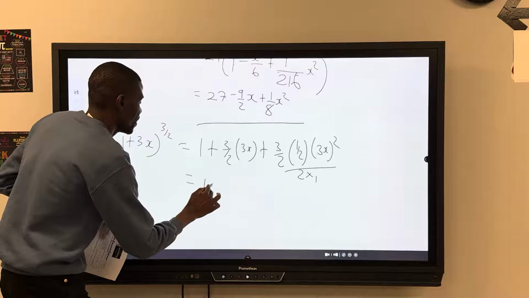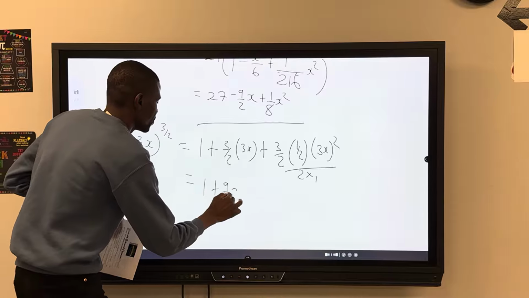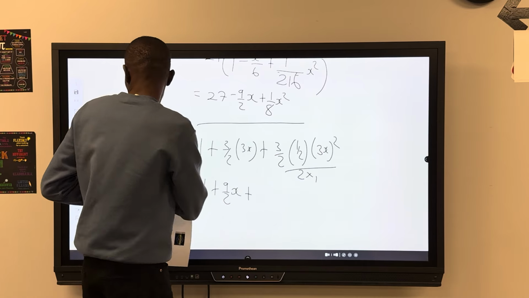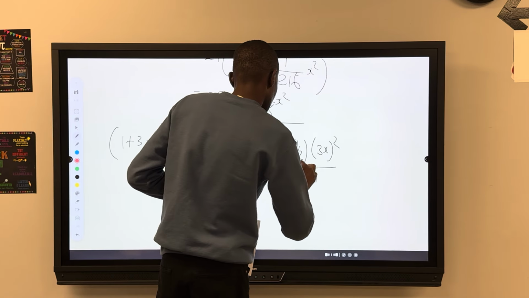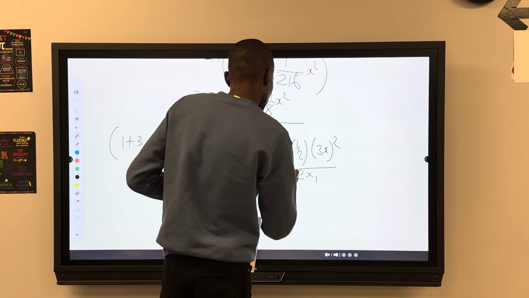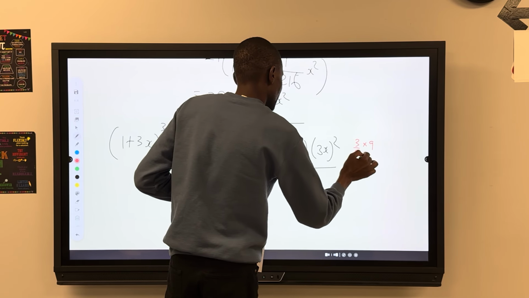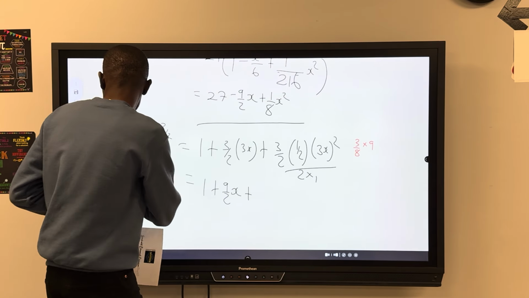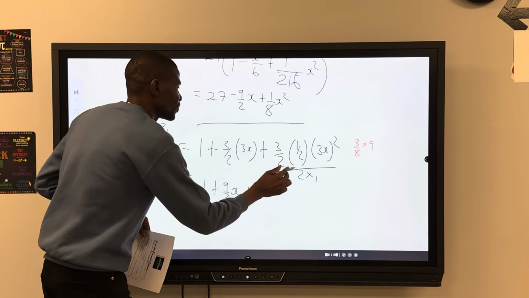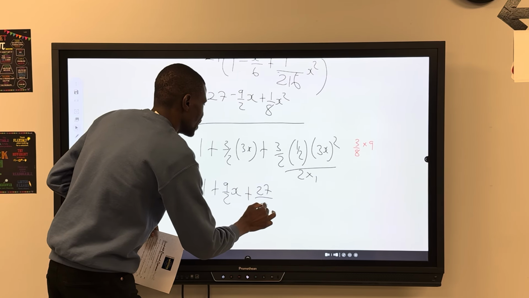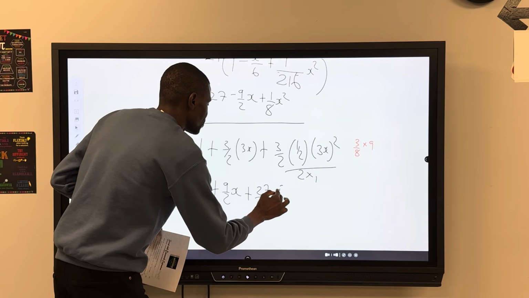So this is 1 plus 9 over 2x plus, this is 4, so it's 2 times 2, 4 times 2, 8. So it's 3 over 8 times 9. That's 27. So plus 27 over 8 x squared.